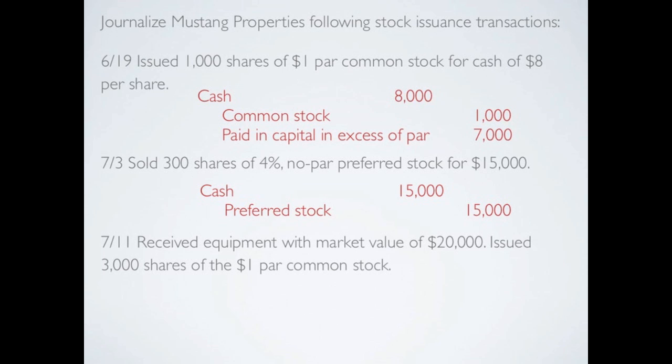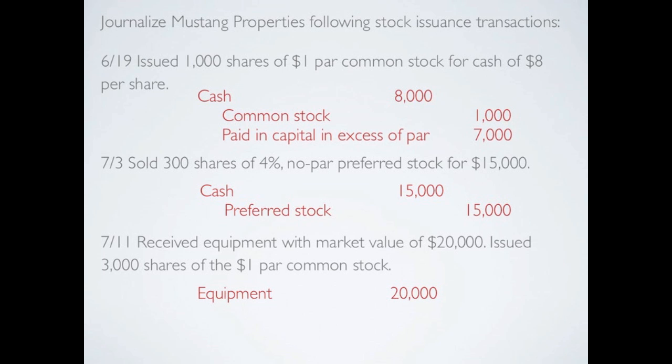Now note here, it's really only $3,000 par value of common stock. But stock is very volatile. It goes up and down. Our stock could be worth $20,000 right now. Those 3,000 shares could be worth $20,000. That's the reason we're giving them 3,000 shares for this $20,000 piece of equipment. That's highly likely. So equipment will be recorded at the market value because of that stock volatility.